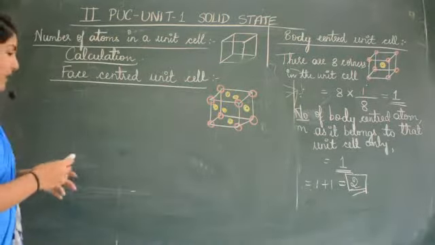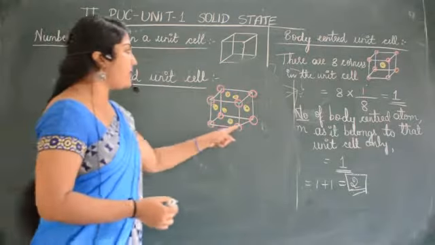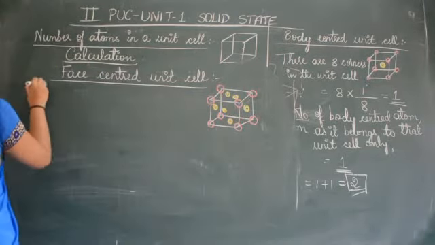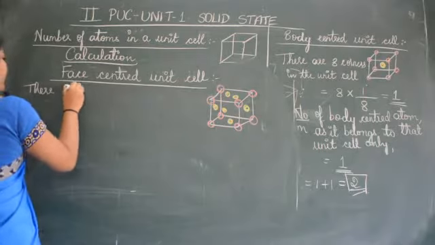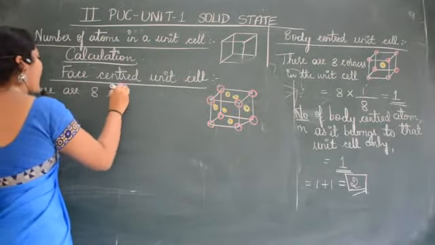Now we have to see, for the 8 corners we will calculate. There are 8 corner atoms.